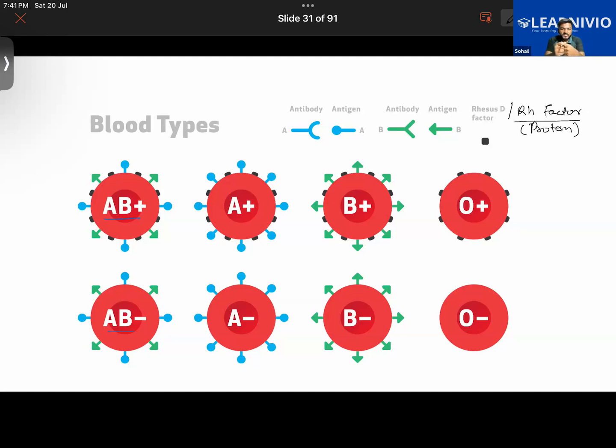So we can classify O negative as the best blood group in terms of donating. Thereby O negative is a universal donor, and we can say that it is good.